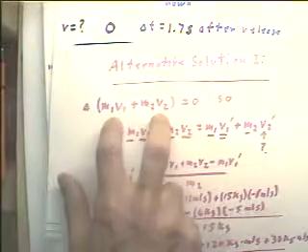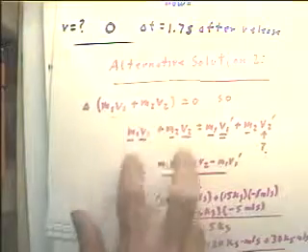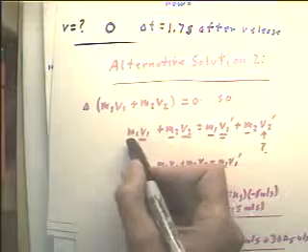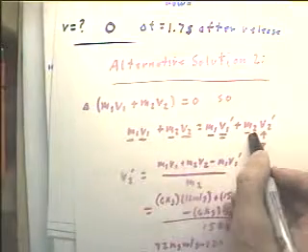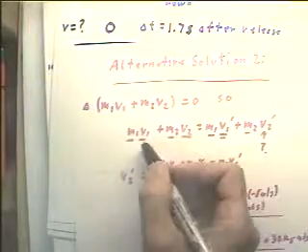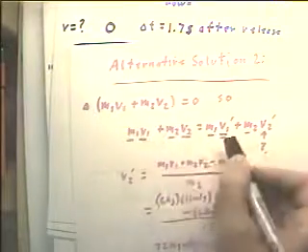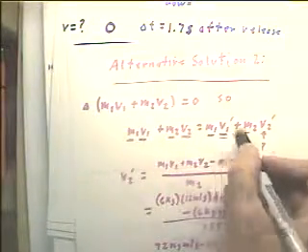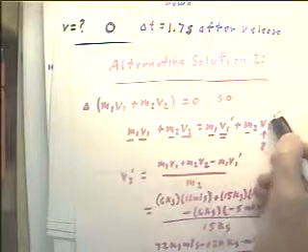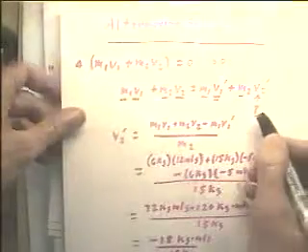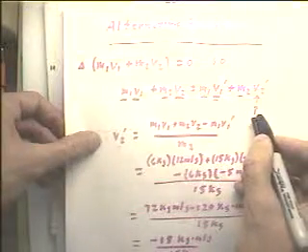Since the momentum isn't changing from before to after, this has to be the case. And we note that we know the masses m1 and m2, so we underline those to indicate that they're known. We know v1 and v2. Those were given. And v1 prime was also given. The only thing that's not given is v2 prime, the unknown final velocity of the second object, which we can easily find by solving this equation.